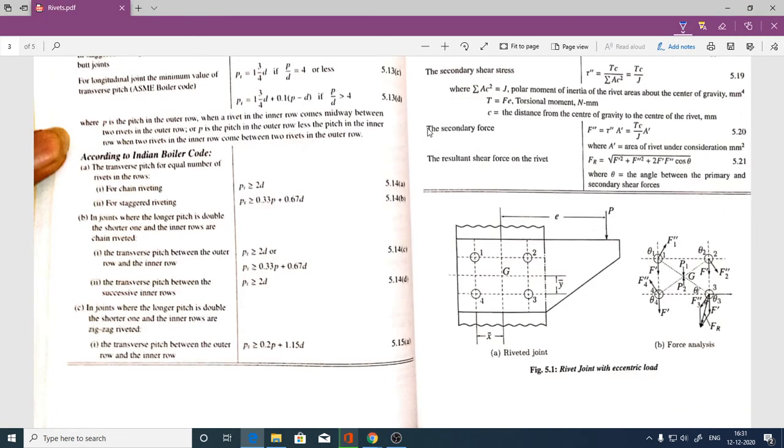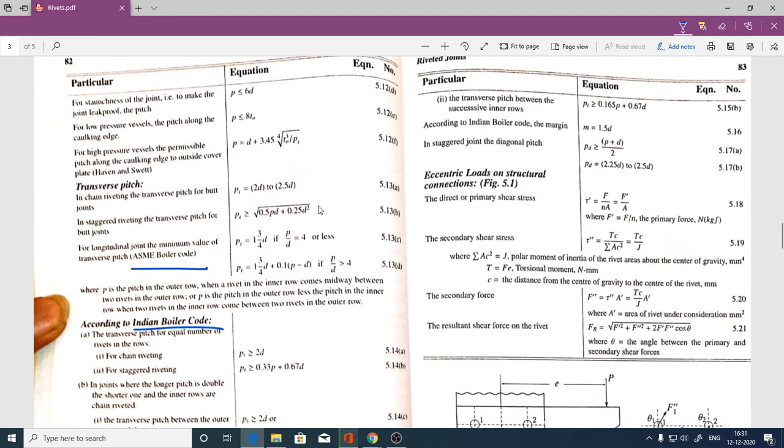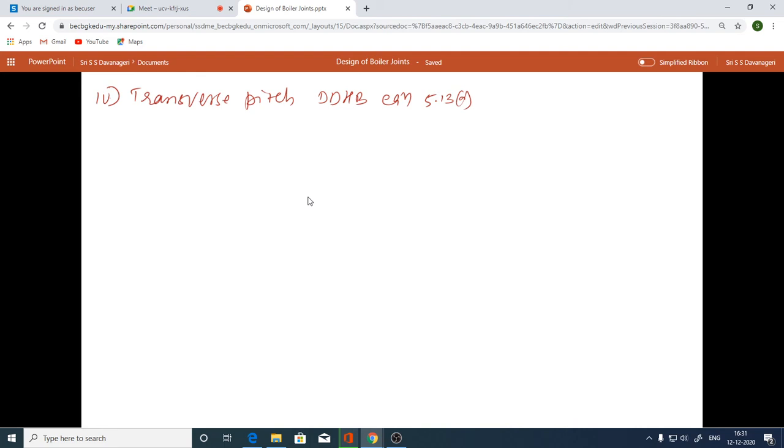As I said, you can go for these equations according to IBR, or according to ASME. Now the general practice is 5.13a. Right. Next, now you calculate margin here.